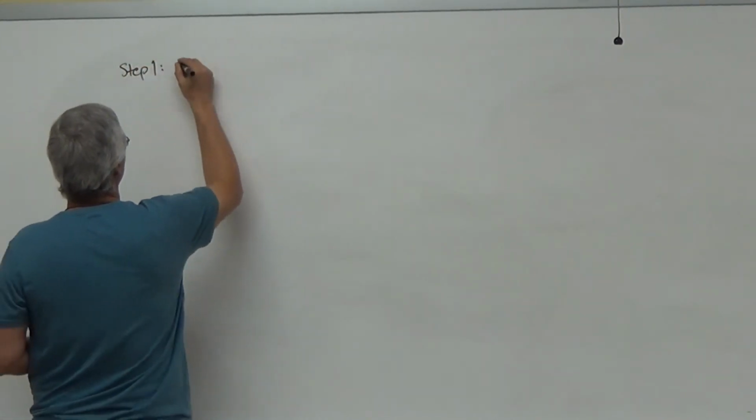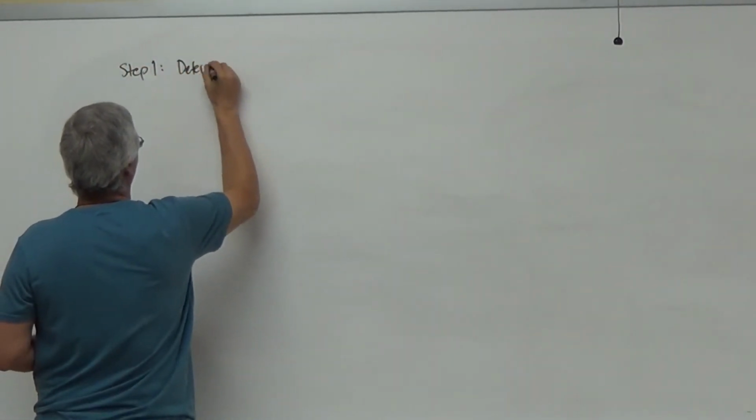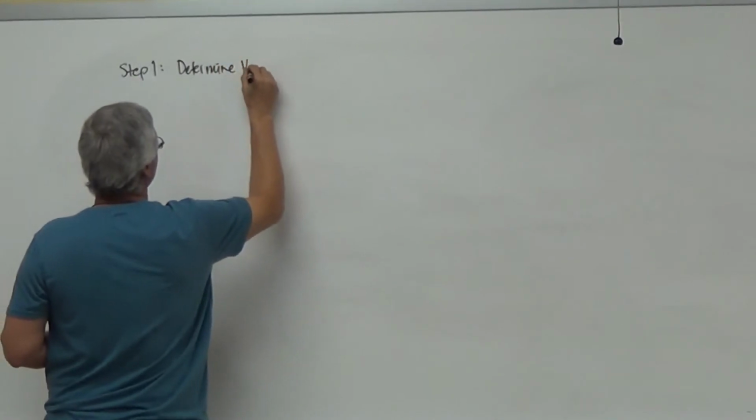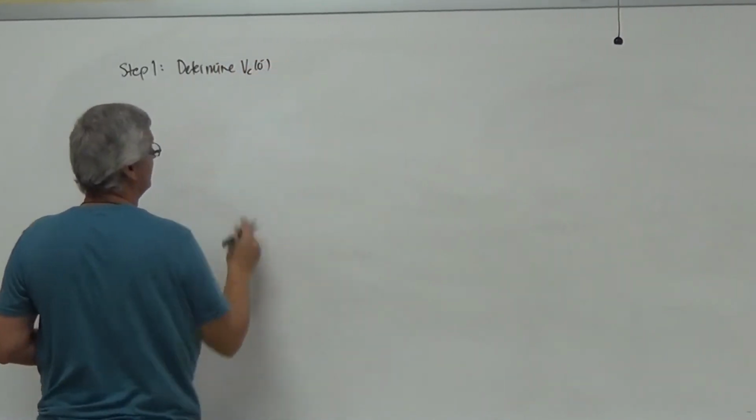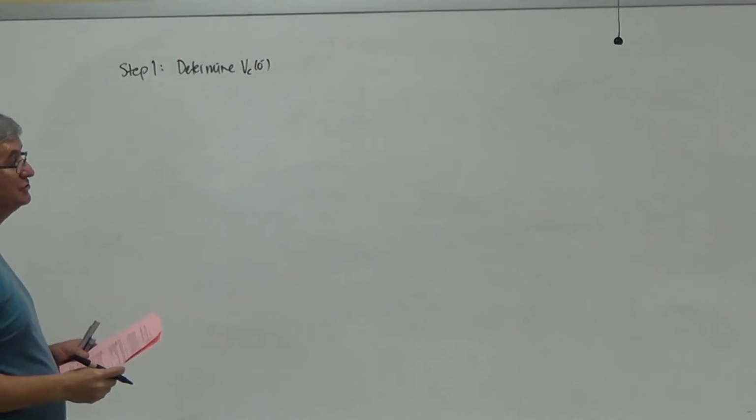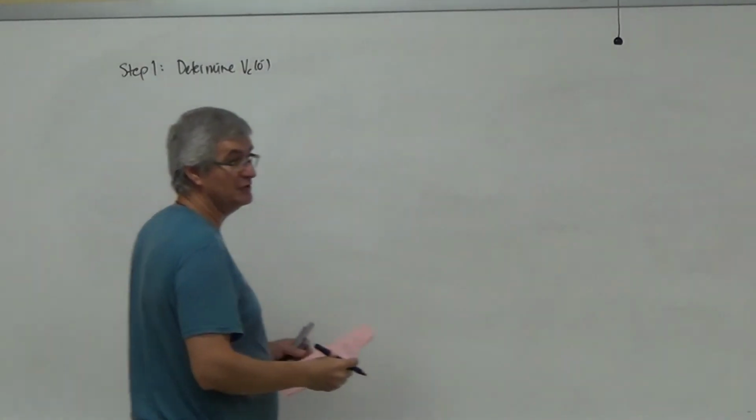So the step one here, we want to determine VC of 0 minus. So here I go. The circuit is open. So the first thing that I want to do here is, what am I going to do? I'm going to simplify this thing. These and this should be one resistor. Right? So I got 6 and 12, so that should be a 4K resistor.